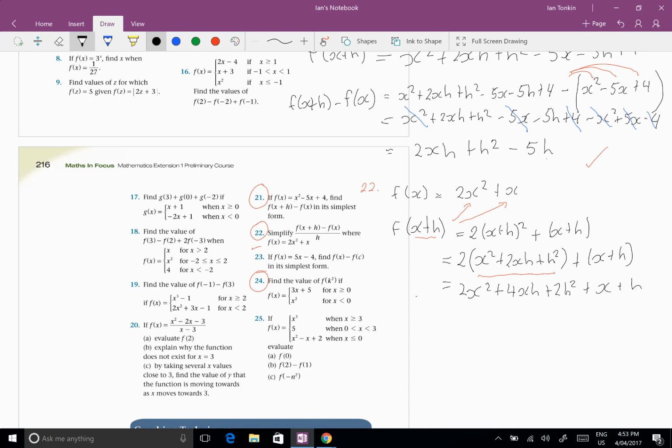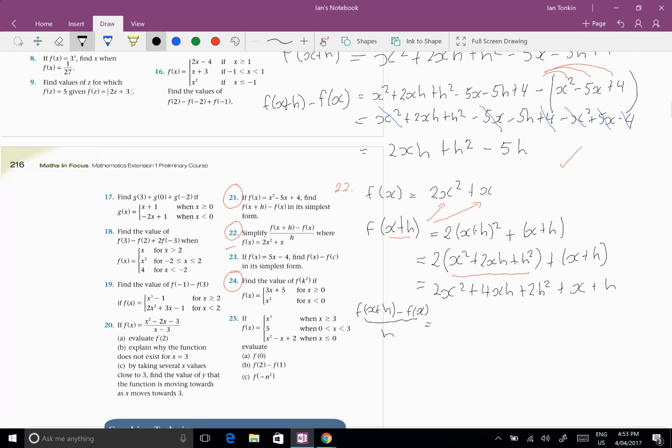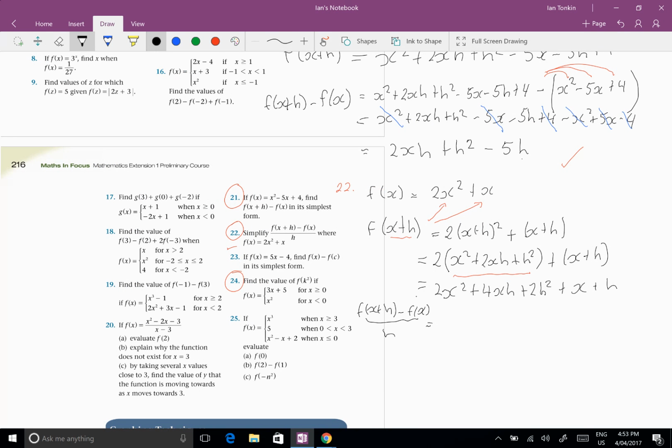But what I've got to do is find f of x plus h minus f of x, over h. Well, here we go. I've already got this bit. I'm going to run out of room. I might actually bring it down here because I'm going to need lots of room to write this out.